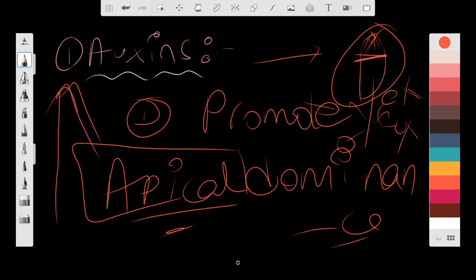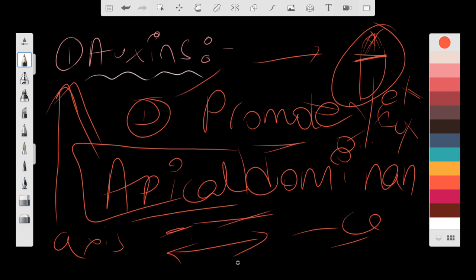On the axis the plant grows, but on the width the plant does not grow if there are apical buds. That is called apical dominance. The inhibition of the growth of lateral buds by the apical bud is called apical dominance, and that is promoted by auxins.